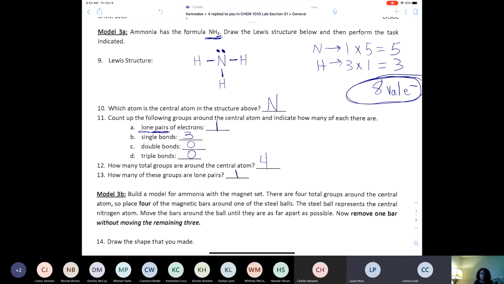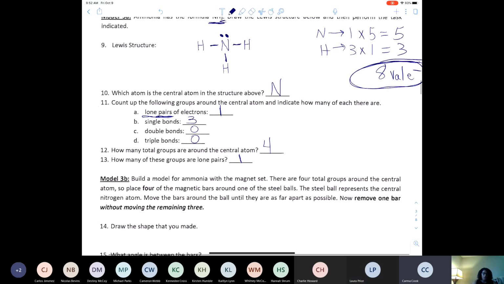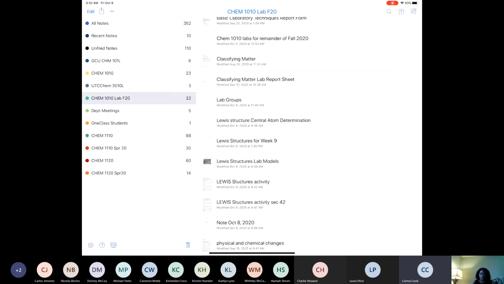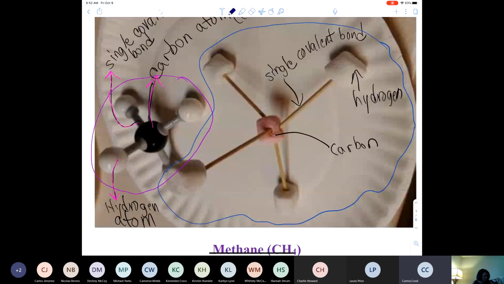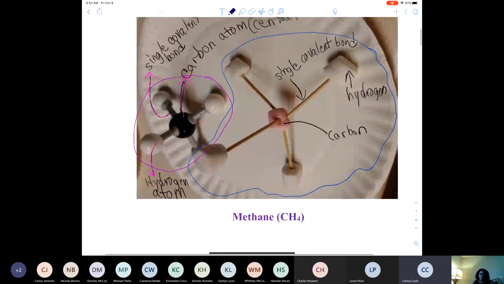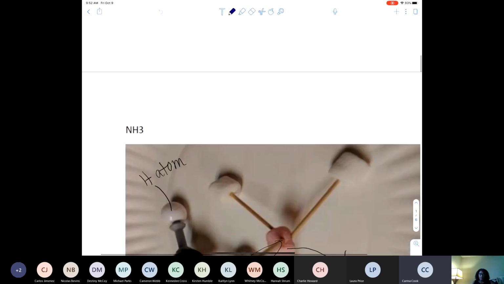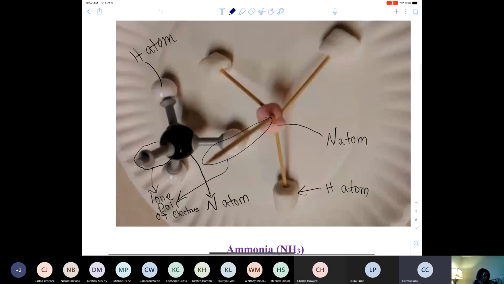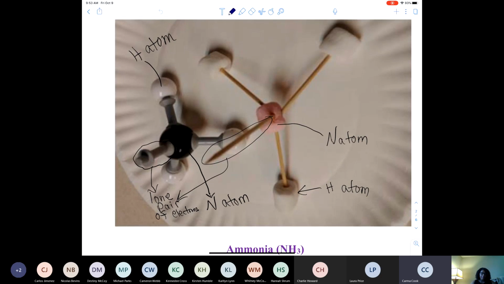Thank you, Kennedy. Now we'll go to our model pictures for this week. We've already looked at methane, so now we're going to move on to ammonia. Again, we have both a ball and stick model and a marshmallow and toothpick model. In the ball and stick model, our white spheres represent the hydrogen atoms.